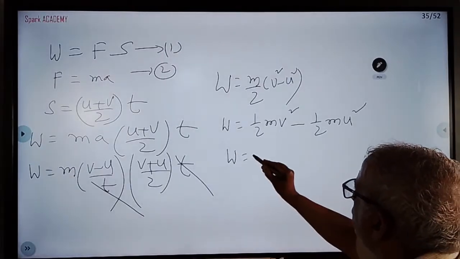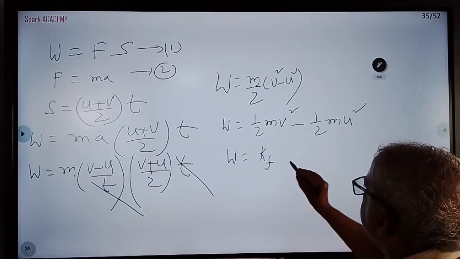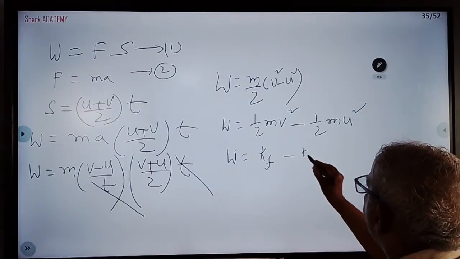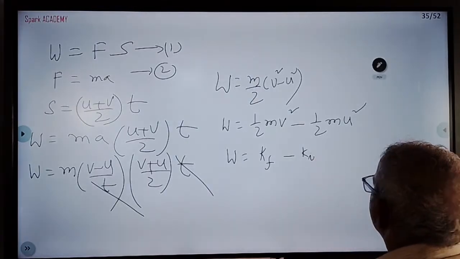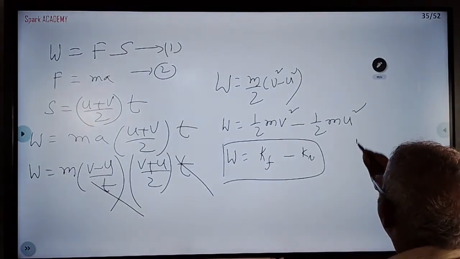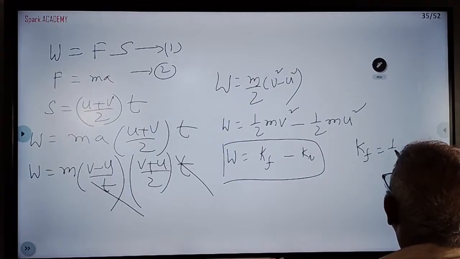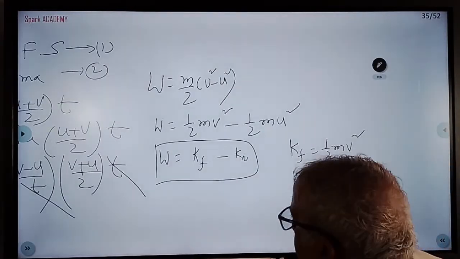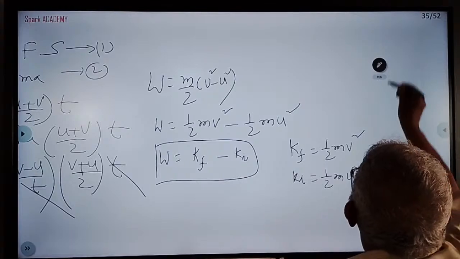What is half mv square? Final kinetic energy. What is half mu square? Initial kinetic energy. So work done is equal to final kinetic energy minus initial kinetic energy. This is the answer.